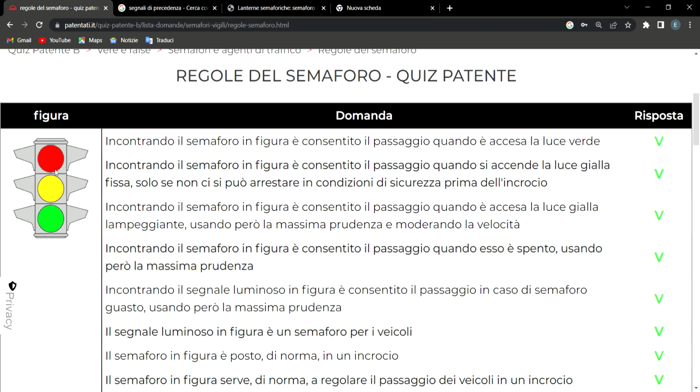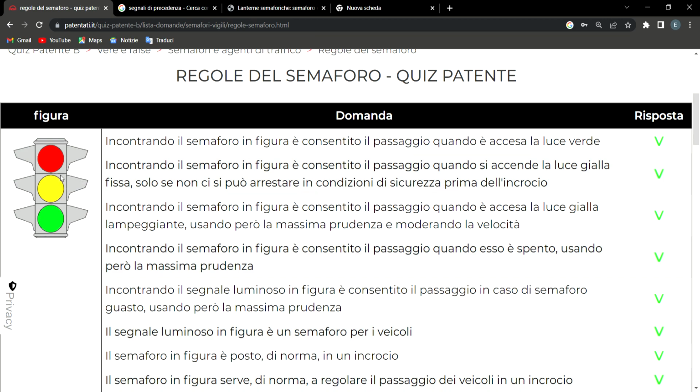We all know what a traffic light is all about. It facilitates the transit, or the passage of vehicles in some junctions.